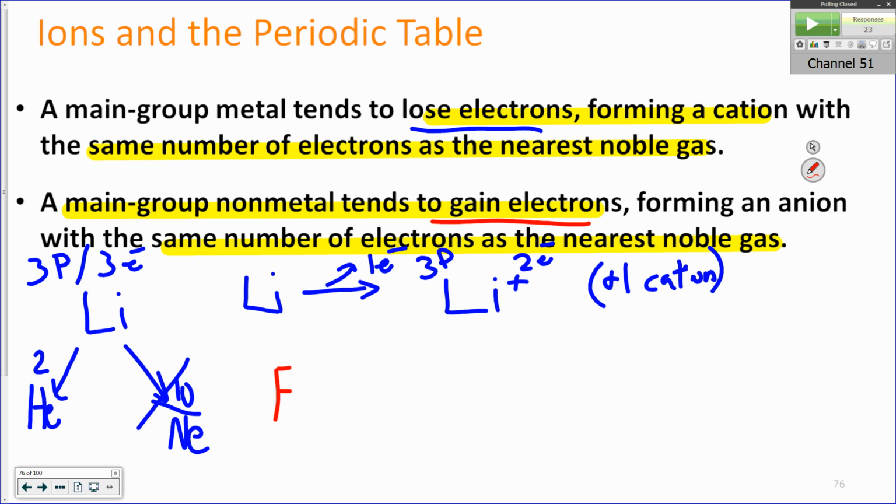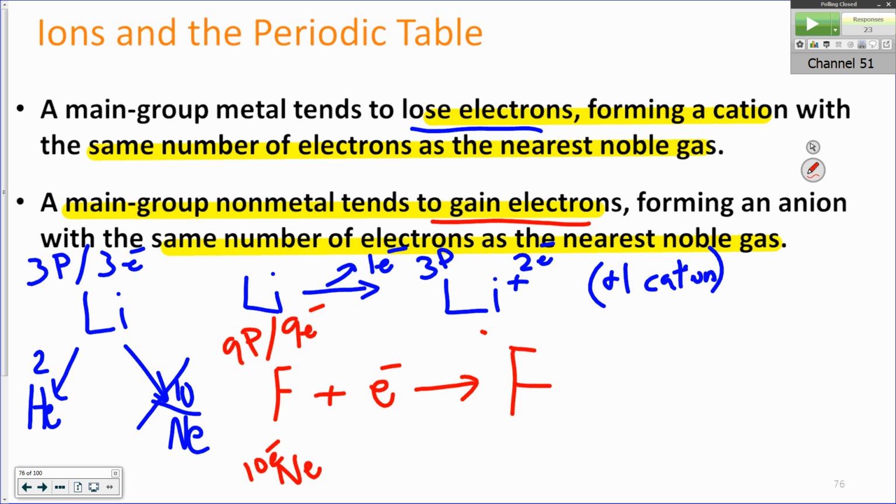Fluorine already has 9 protons, and if it's electrically neutral, it has 9 electrons. To be like neon, it needs to have 10 electrons. So fluorine is going to react with something else, pick up an electron from it, and form the fluorine that has 9 protons and 10 electrons.